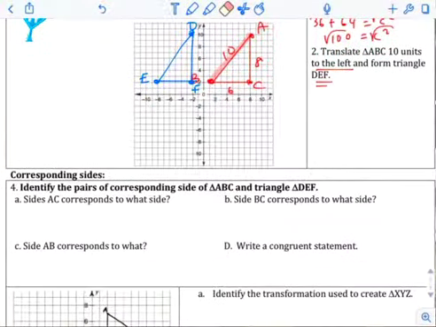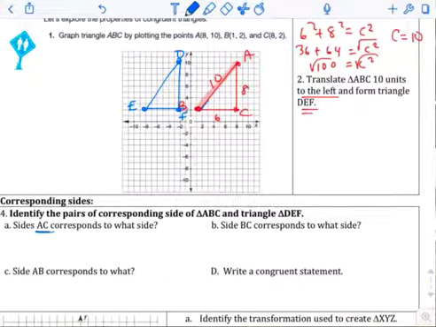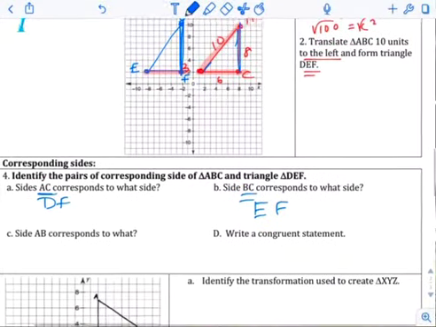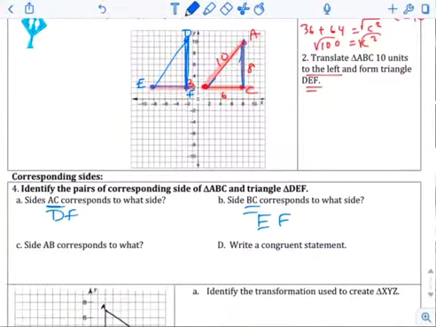Okay. Side AC corresponds to which side? AC corresponds to DF. BC, B to C right here corresponds to E to F. AB corresponds to DE.